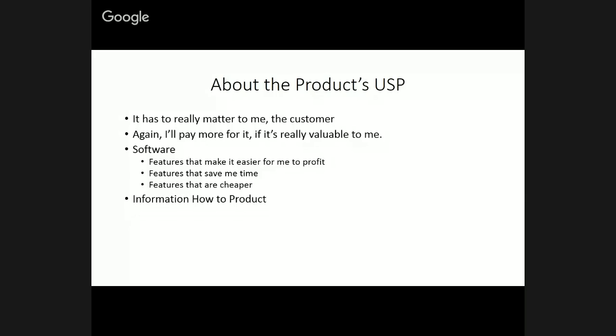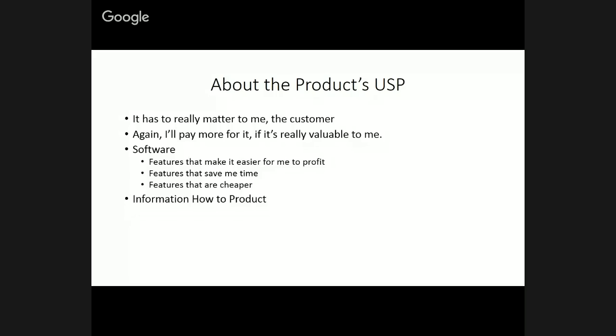Now, most of you are probably going to be creating an information product or a how-to product. I know you're probably tired of me saying it, but I really do mean it: please don't feel like you have to create a make money online product. Please don't feel like that's the only way you're going to be able to sell a product, because people are buying information in other areas right now.